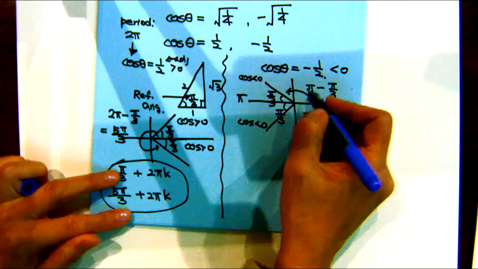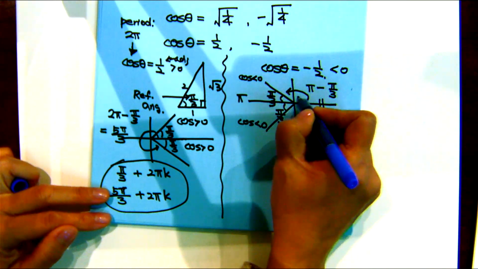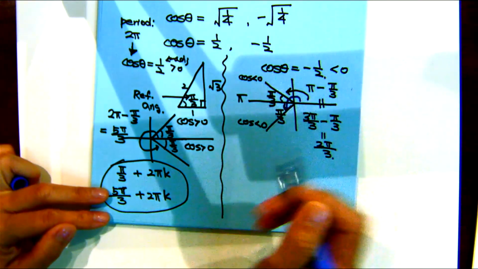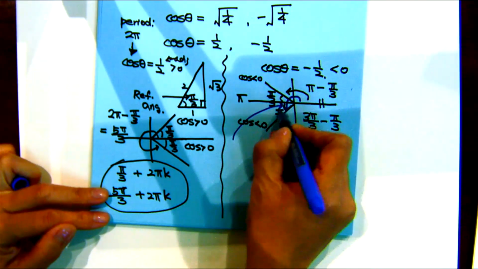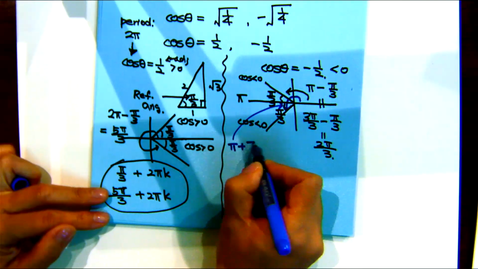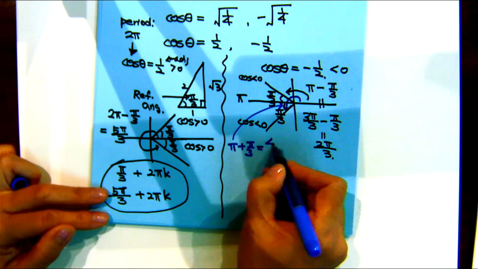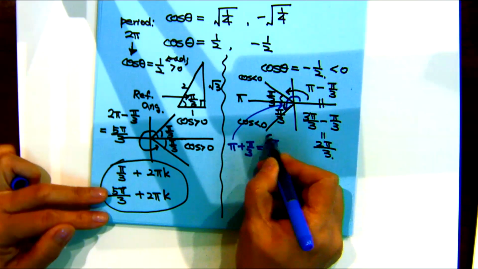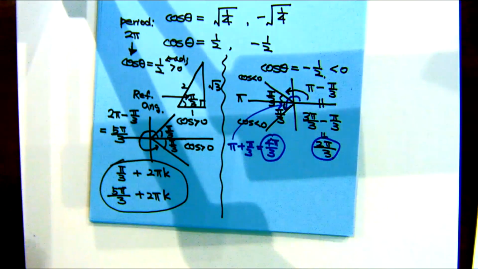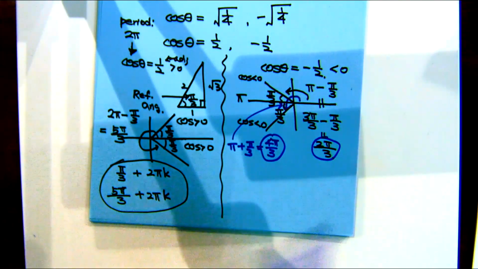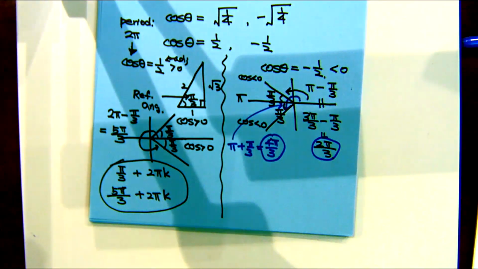And then we want to think about this one. So from here, that would be pi plus pi over 3. So that is 4 pi over 3. We have two solutions like this. Any questions so far?